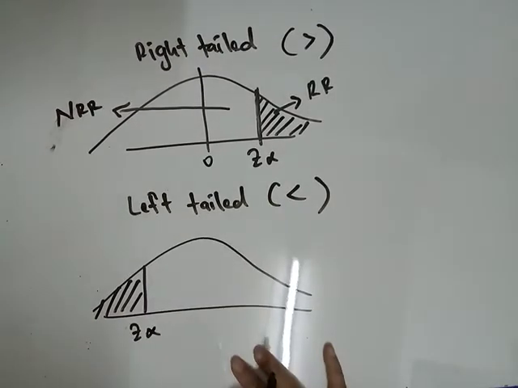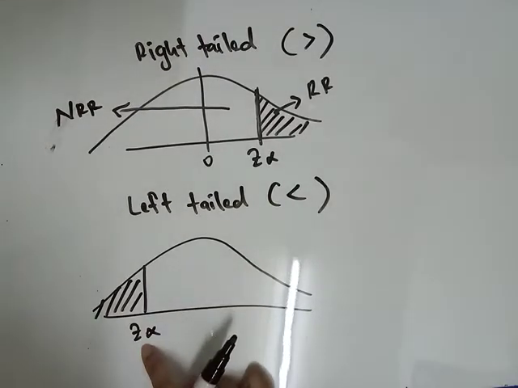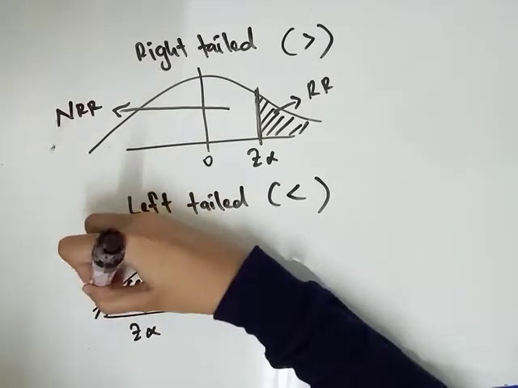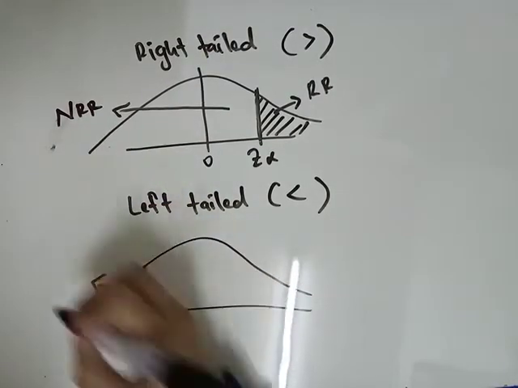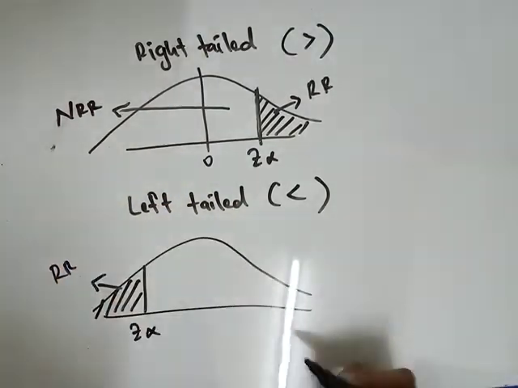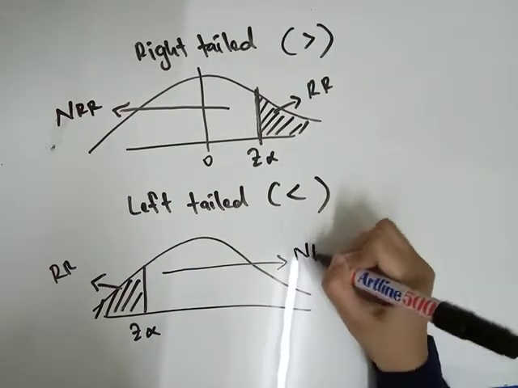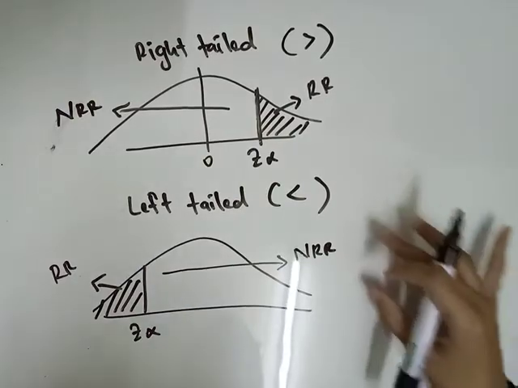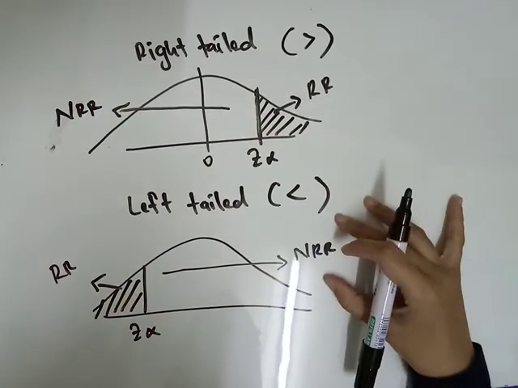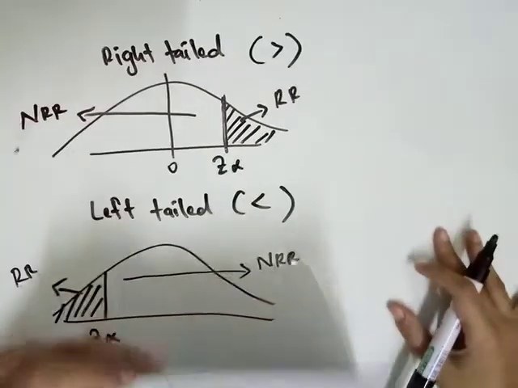Boleh nampak tak? Okay, this is critical value. So yang dekat shaded region ni, it is known as RR, rejection region. Yang tak shaded ni, NRR, non-rejection region.